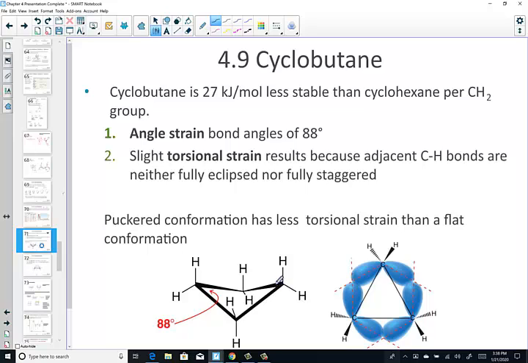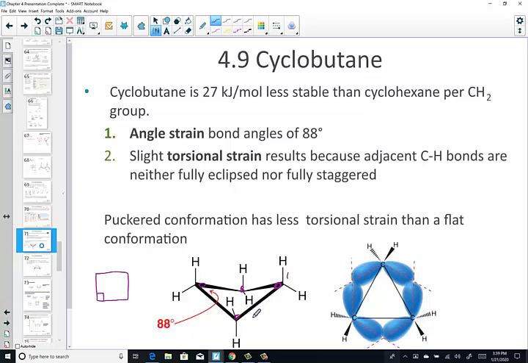The angle strain, here's that 4-membered ring, cyclobutane, which a moment ago I said, remember how we're tempted to think of cyclobutane looking like a flat square on a paper and we might think it's 90 degrees, but it's puckered. If you would actually grab your molecular model kit and put 4 carbons into a cyclic structure, you start to see that it creates a puckered type of conformation.